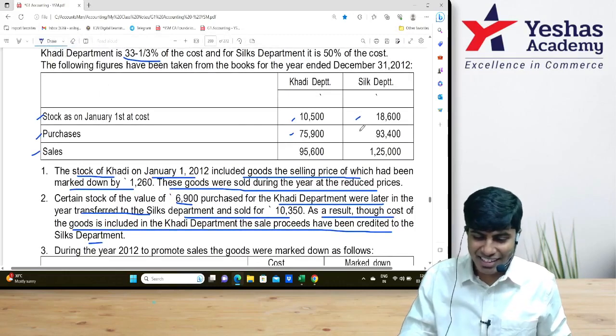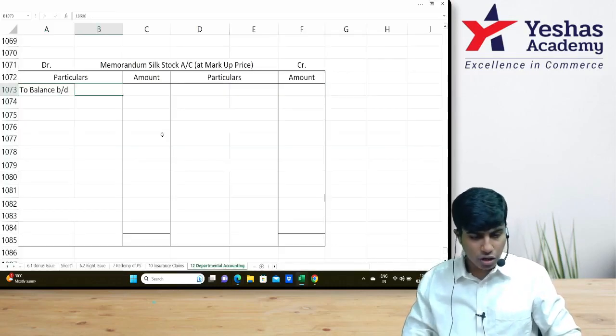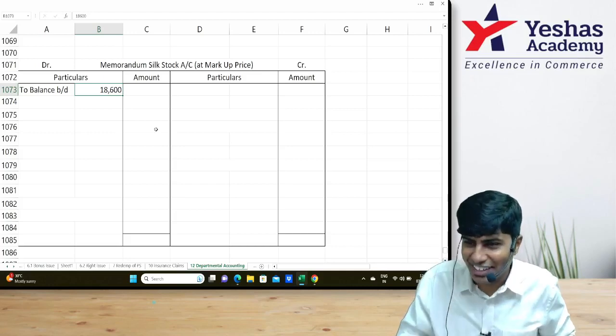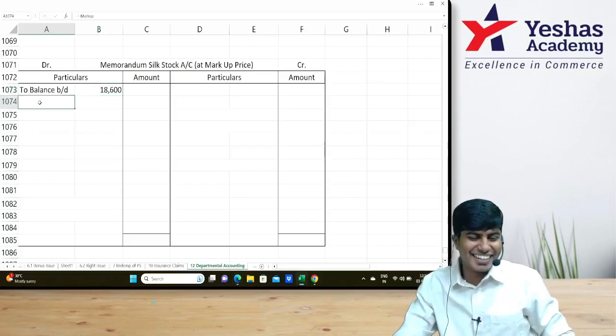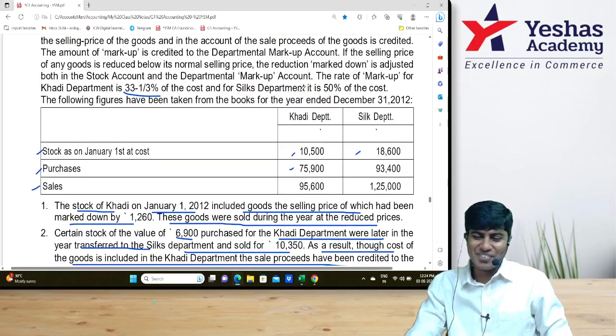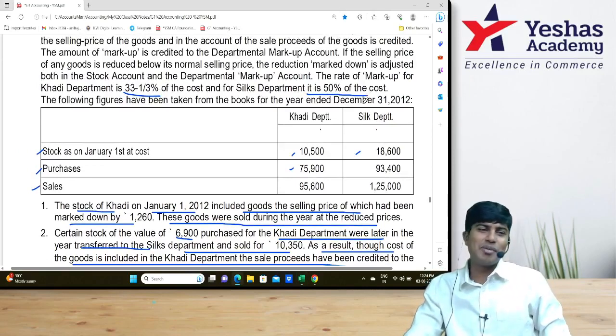Yeah, come on. Let us read. 18,600 in silk department opening. Opening stock, how much? 18,600. Okay, next. How much is markup on this? 50%. 50% of cost.